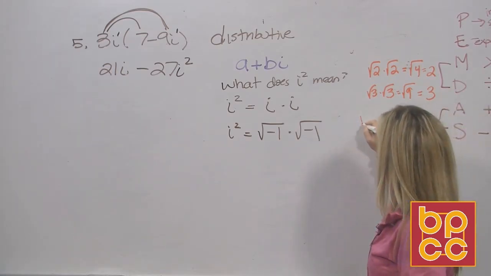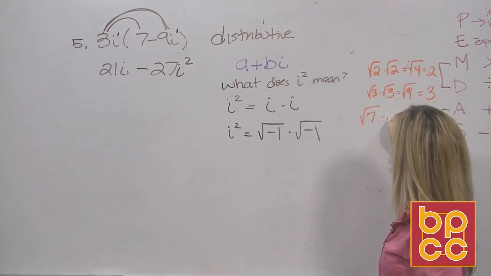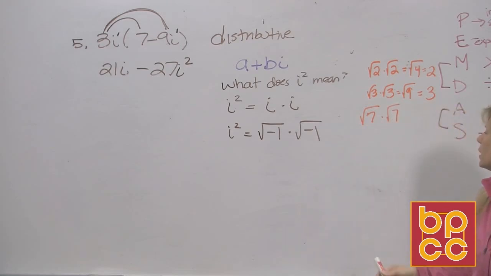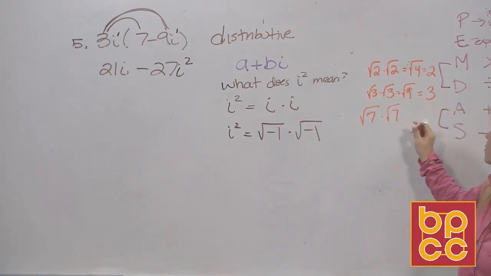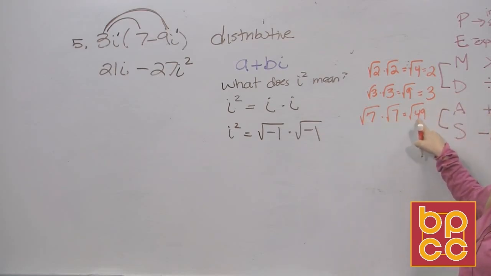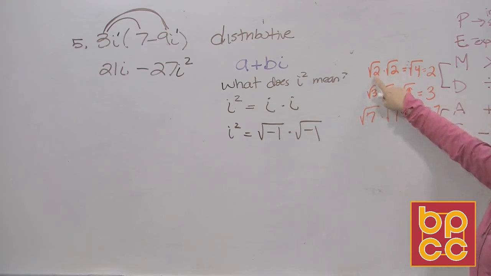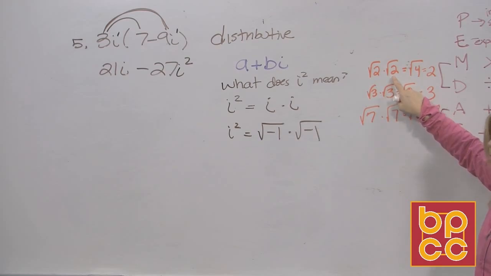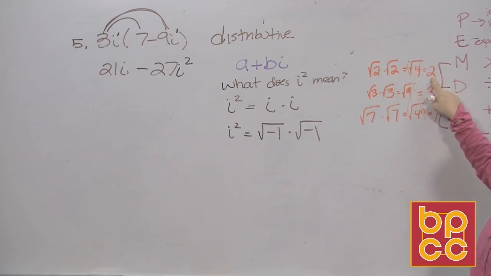Let's try another one. Let's try square root of 7 times square root of 7. Well, 7 times 7 is 49, but it's under a square root symbol. What is the square root of 49? Yeah, it's 7. So what you should notice is a pattern. Every time you take a square root and multiply it by itself, you really don't have to do this middle step, because the square root of 2 times the square root of 2 is just the number 2.